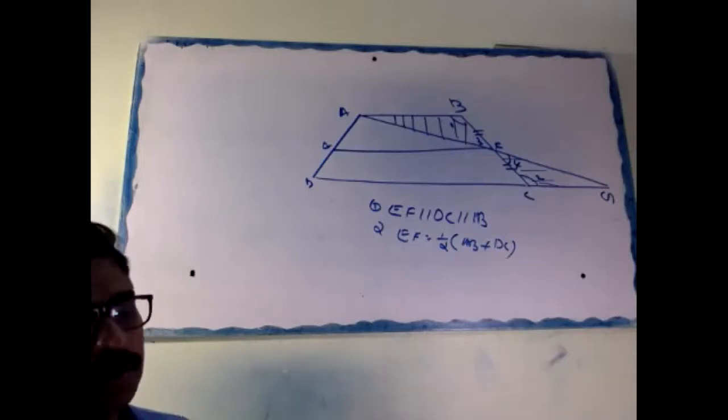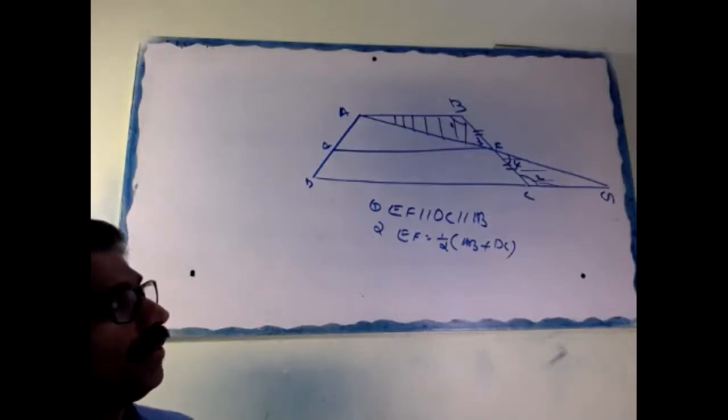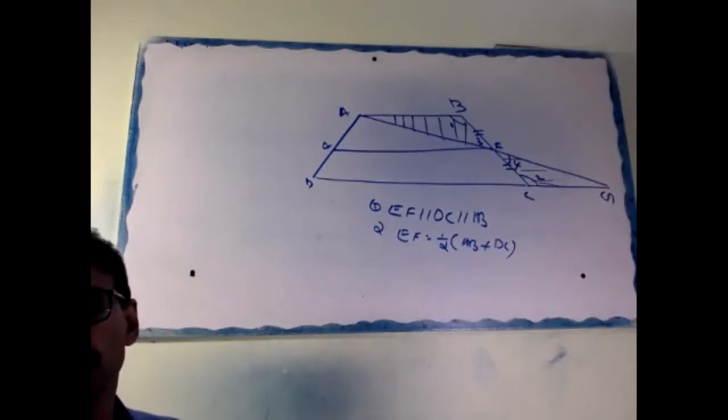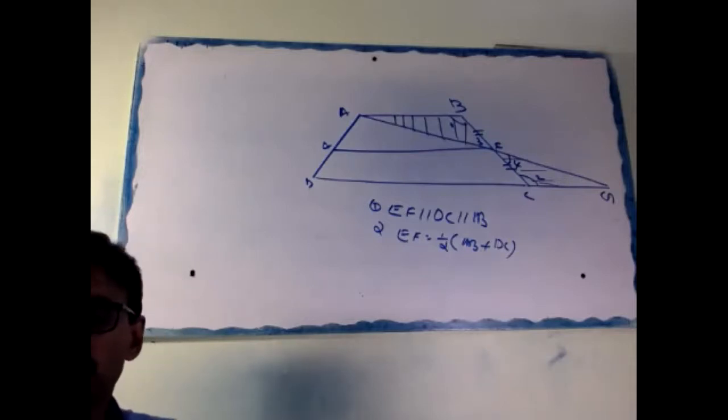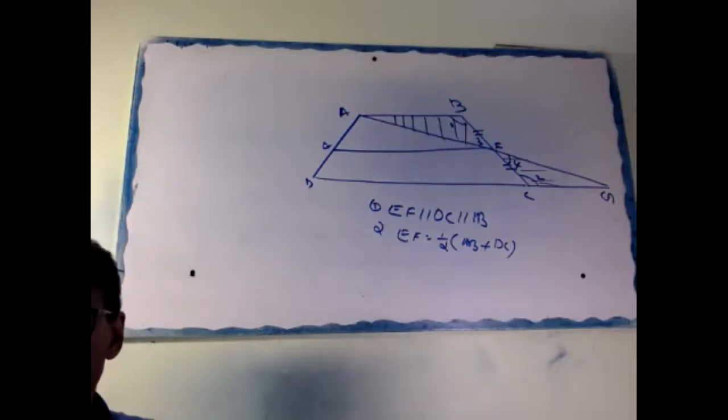You got triangle ABF congruent to GCF, so AB equal to CG by CPCT, and AF equal to FG. Check up to here, then I'll start the second part.